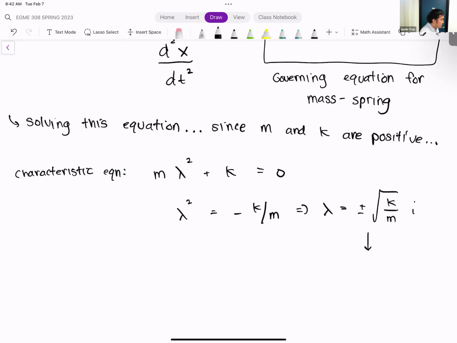And so since the roots of our characteristic equation here are imaginary numbers, we know that we have complex conjugate roots. So this is case 3 from our 3 cases from before.